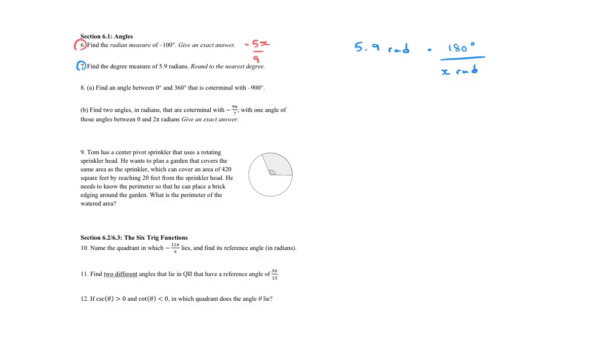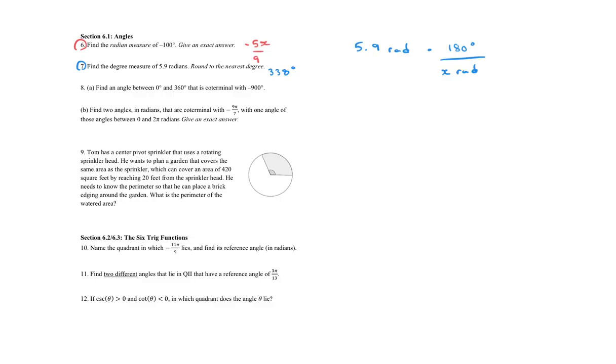And if we go ahead and type this in, 5.9 times 180 divided by pi, it's going to be 338.04, but if we round to the nearest degree, it's just 338. So 338. Let's make sure that we put this little degree symbol anytime we have a degree.